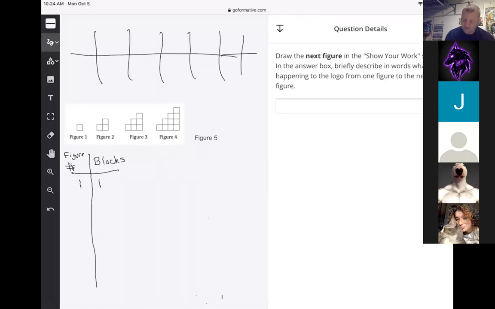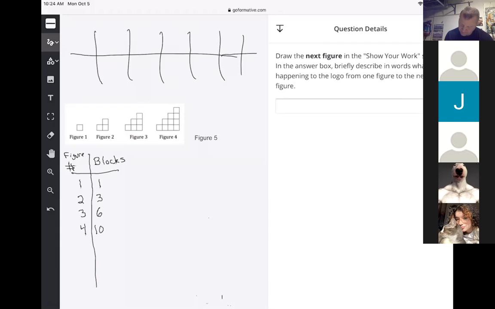I find that to be more confusing, but whatever you want to do, I guess. And then figure 2 had how many blocks? 3. And figure 3 had what? 6. Figure 4 was how many blocks? 10.